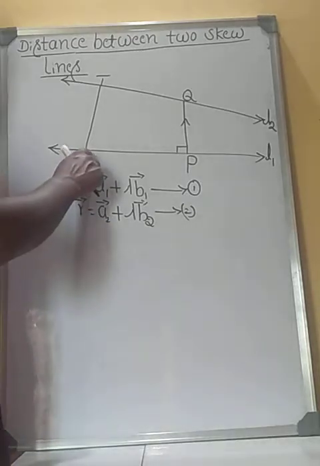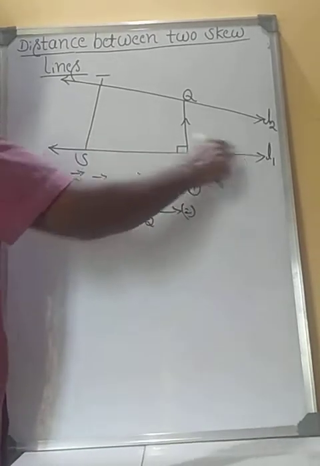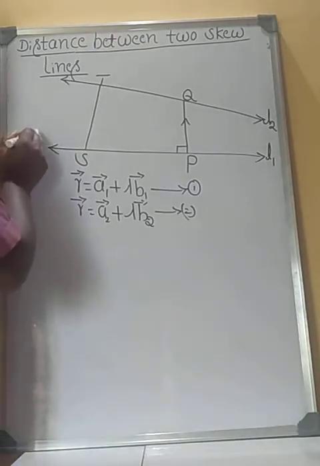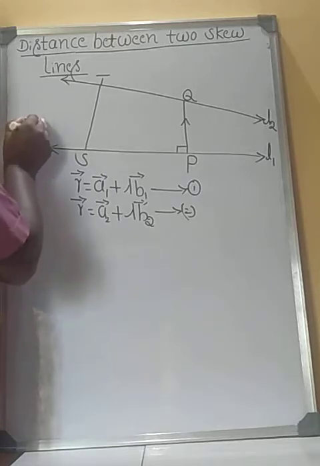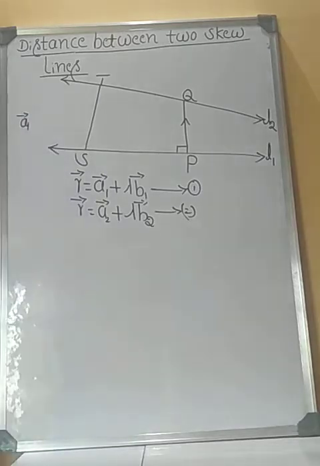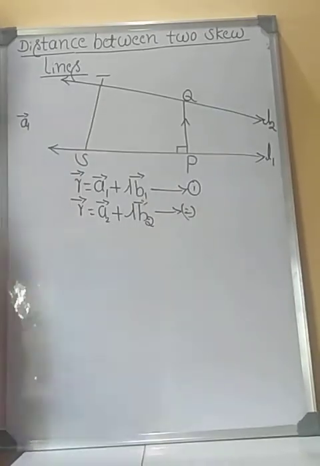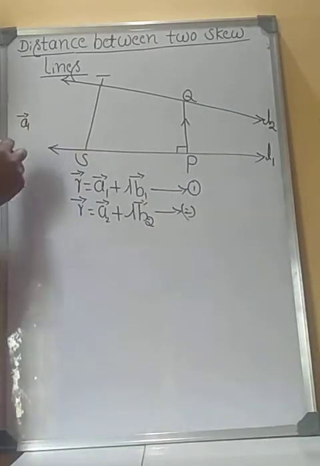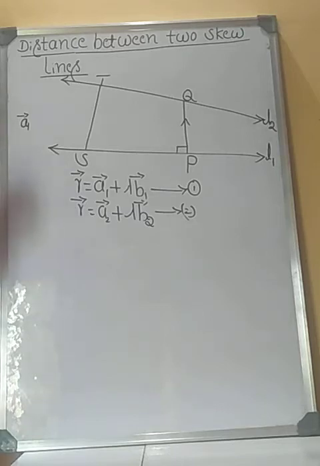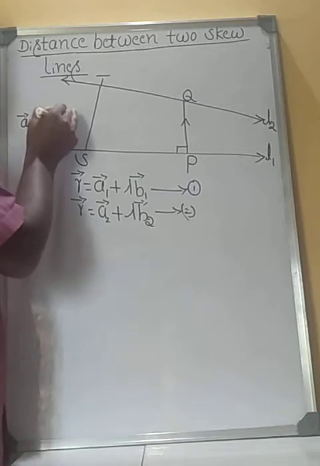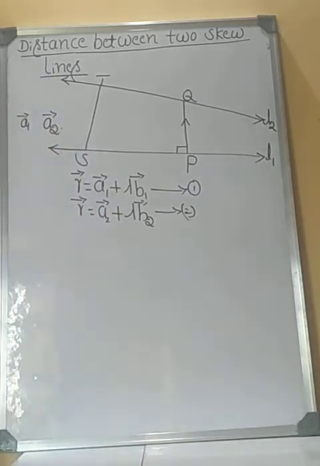Take any point S on the line L1 with position vector a1 vector, and take any point T on the line L2 with position vector a2 vector.